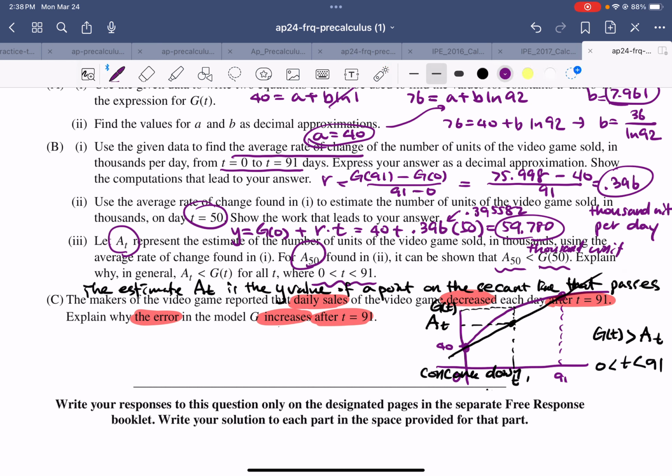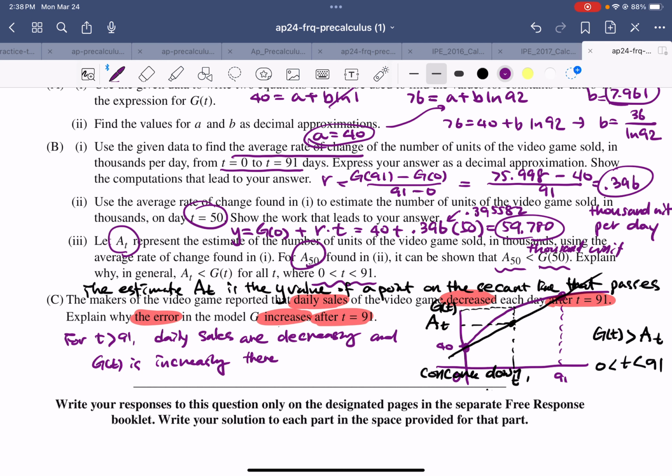That's the concept. So you can say that for t greater than 91, the daily sales are decreasing, because that's the description, and g of t is increasing. That's also the description.